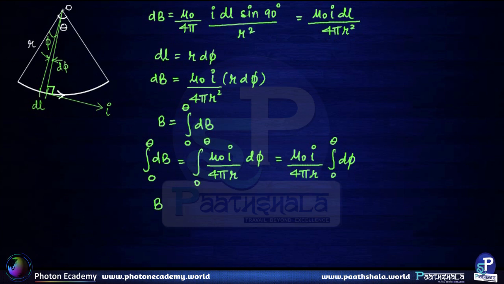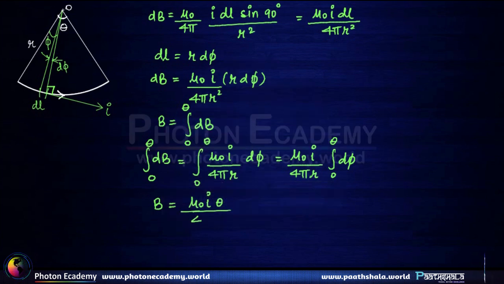So the magnetic field due to this arc at point O comes out to be mu naught I theta divided by 4 pi r. We will use this value of magnetic field to solve this question.